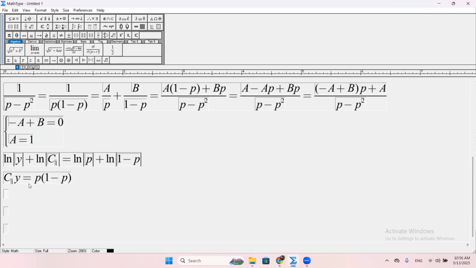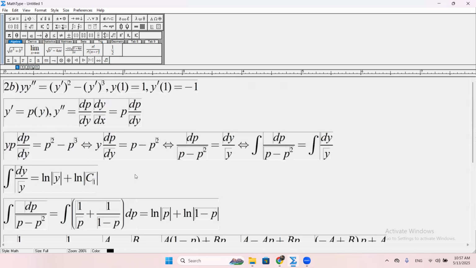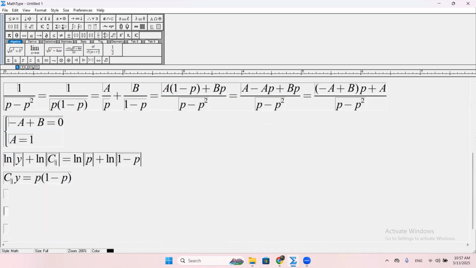And then what do we actually have? We need to integrate this expression once more, and then find p.